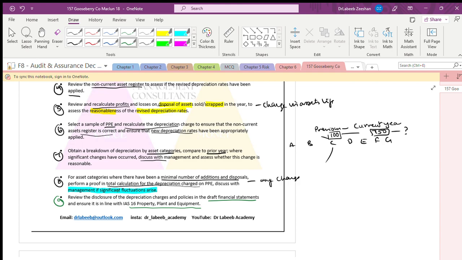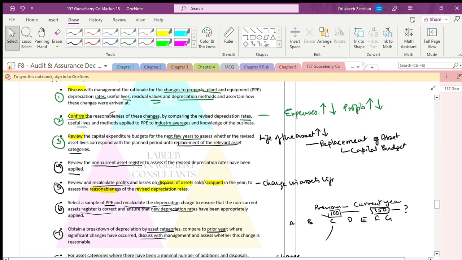Now you can understand from this, we have to make sure what we are doing. Just a recap: discuss with the management, we are talking about confirmation. We review the non-current asset register, review and recalculate the profits. We select a sample of assets, property, and recalculate the depreciation charge.